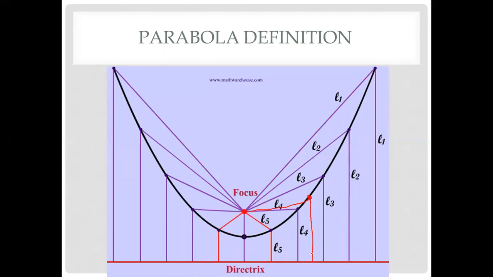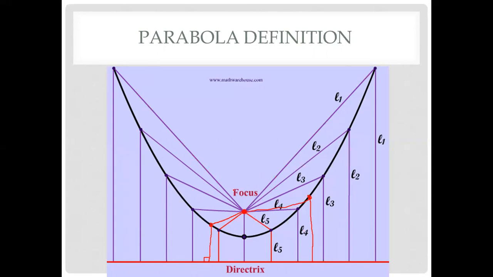Even if you see it's not exact, they are very similar, right? What about this one? This point is exactly on the parabola too. So the distance from the focus to there must be the same as the distance from that point to the directrix. And remember, the distance from a point to a line is the perpendicular segment. And now you see those look very similar.